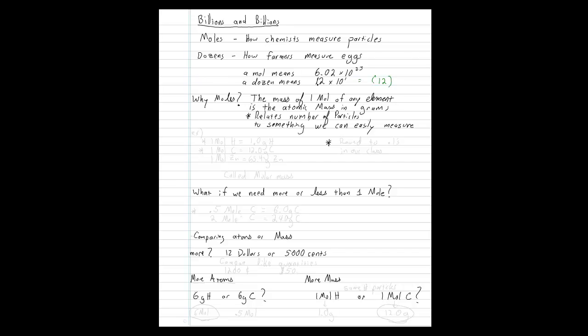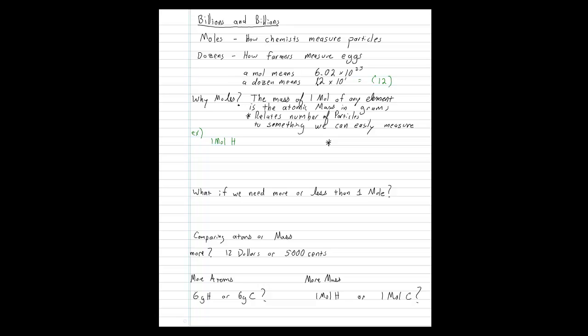So, for example, if I know I need 1 mole of hydrogen, you might want to pause it and take a look at a periodic table for a second. If you get your periodic table out, you see that the atomic mass of hydrogen is 1.0 grams.